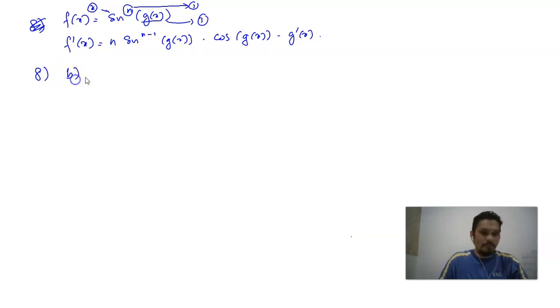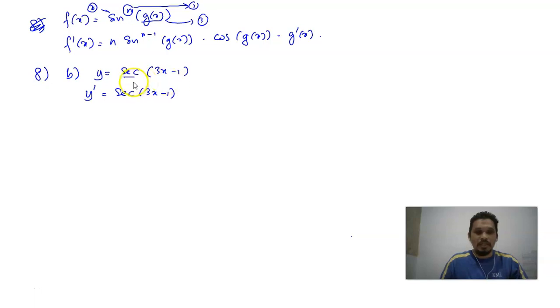This example here, question number 8, B. Question B, y equals secant of 3x minus 1. In this case, we differentiate the function from outside to inside. The derivative of secant is secant and tangent, so please refer to the formula in your lecture notes.